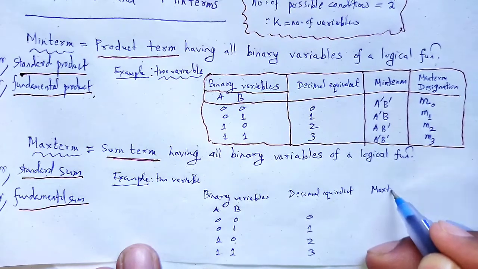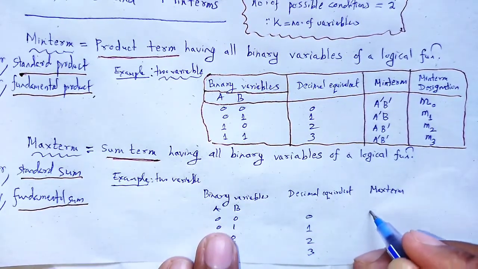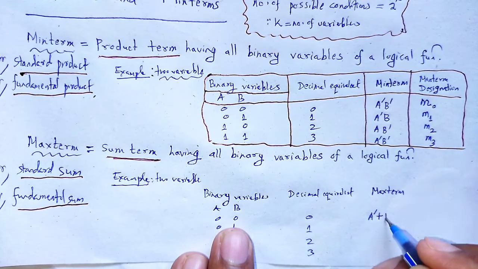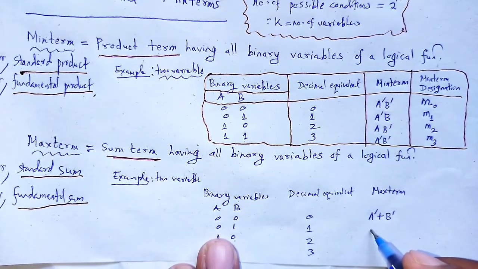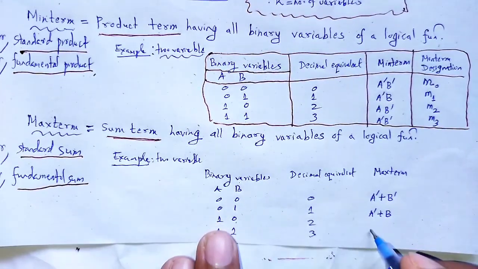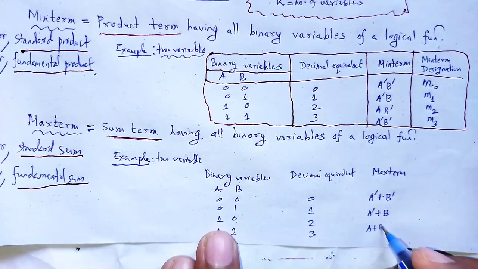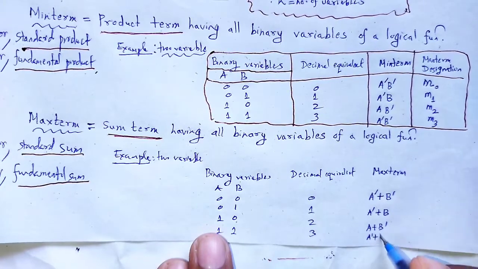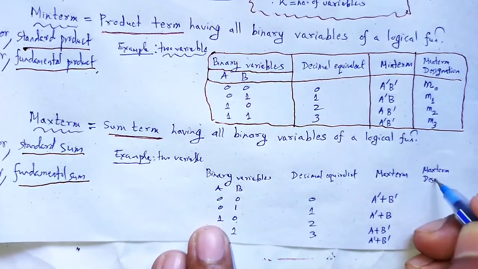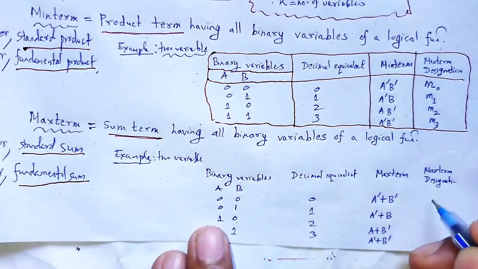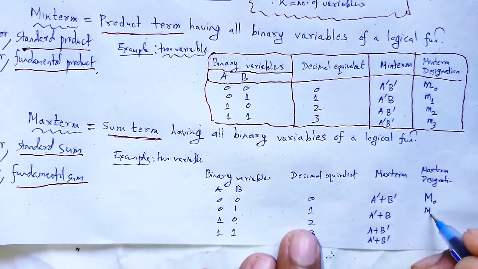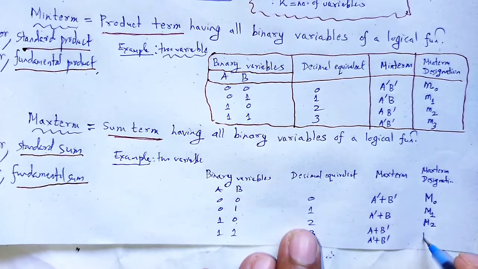For max term, for 0 0 we write A plus B, that is the sum, next for 0 1 A plus B prime, A prime plus B, A prime plus B prime. The max term designation is capital M with lower subscript of the decimal equivalent: M0, M1, M2, M3.